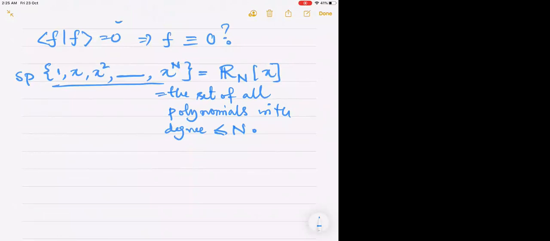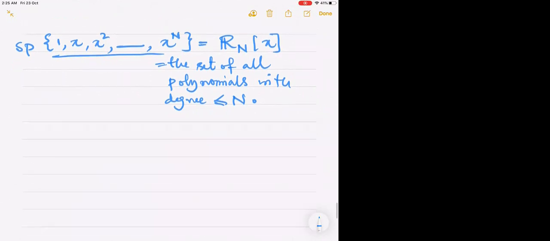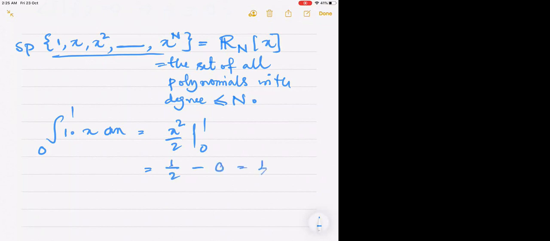Now you see, 1, x, x squared up to x to the n, these functions are not orthogonal. Indeed, look at 1 and x. If you integrate over 0 to 1 of x dx, this is x squared by 2 from 0 to 1, which is half minus 0. This is indeed half.